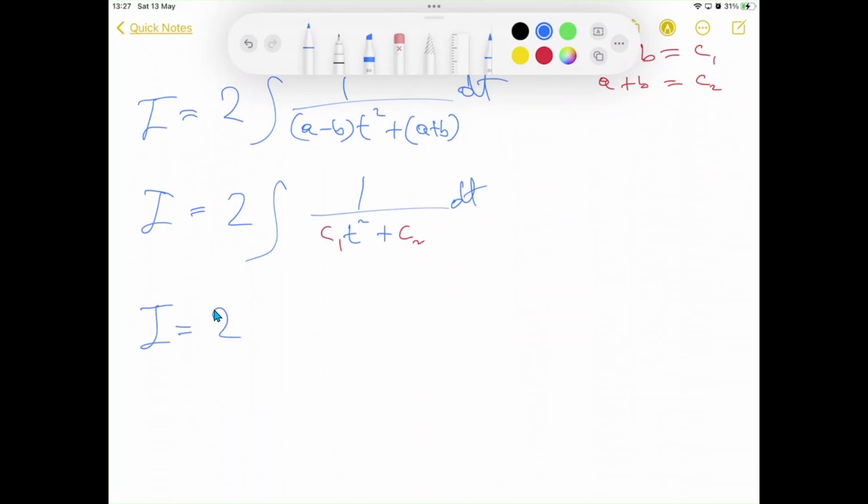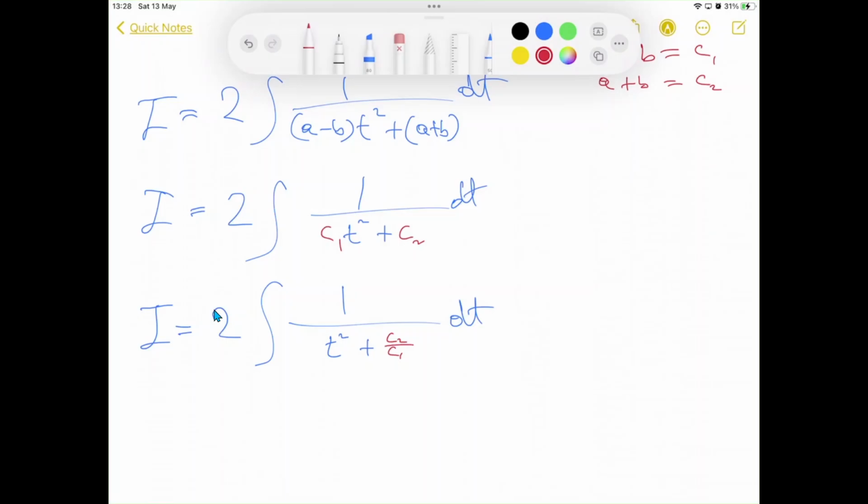Let's write this for now. So what I'm going to do is divide the entire denominator by c1. So I end up with t squared plus c2 over c1. If you divide the denominator by a certain quantity, it's the same as multiplying the numerator by that same quantity.